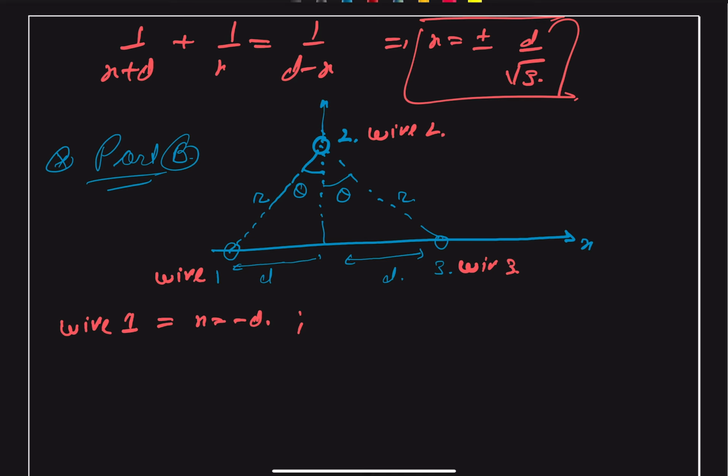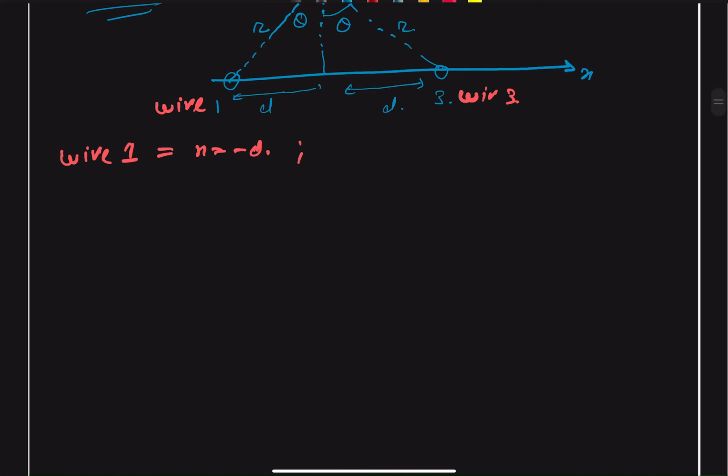Wire 2 is our central one, and it is at x equal to 0 and it is displaced along the z axis.